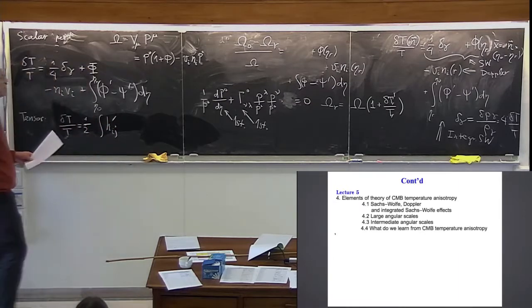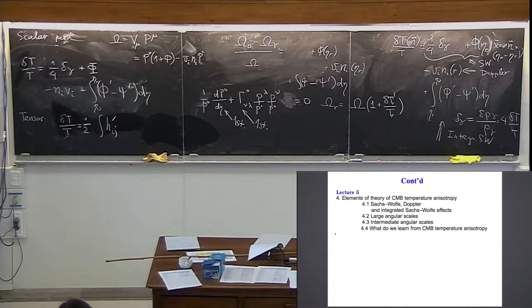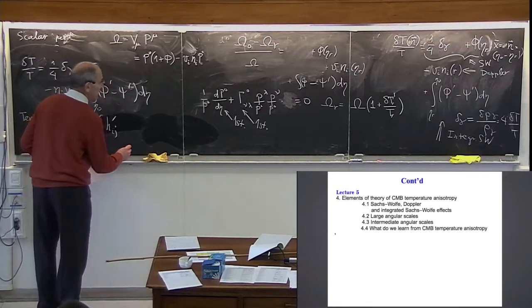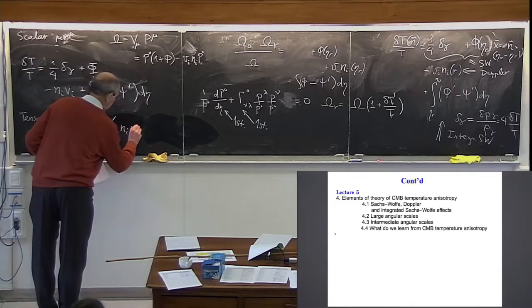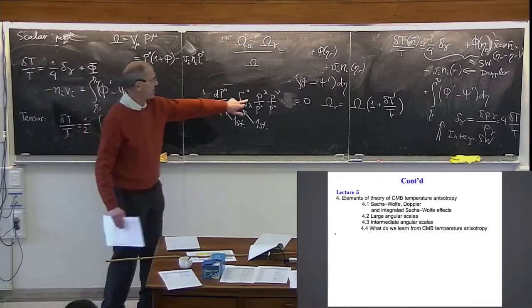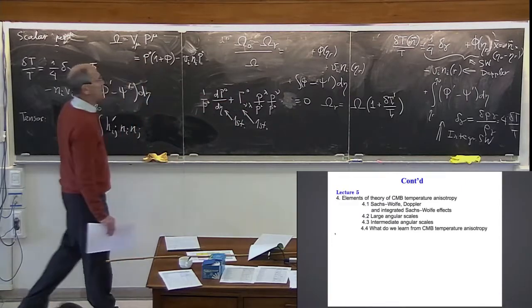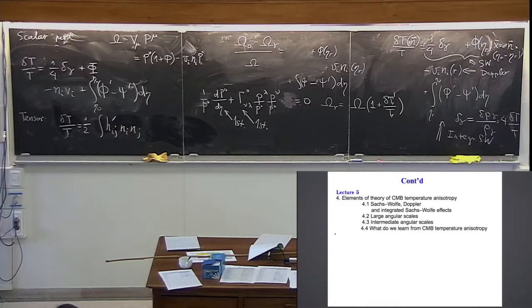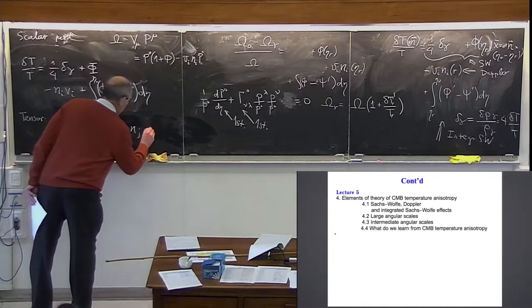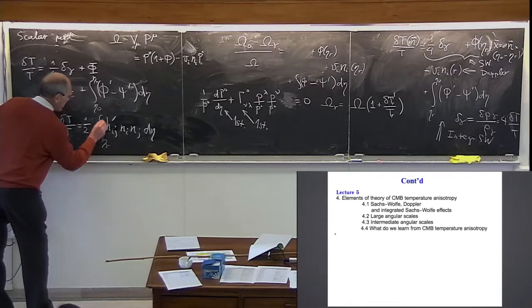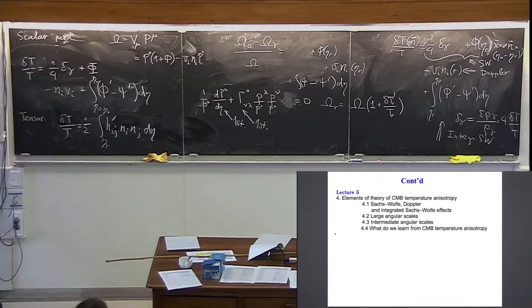Remember that was the gamma, the minus gamma 0 ij, that's the only term here, and n_i n_j, which come from here. Okay, I insert gamma here, integrate along the photon world line from eta recombination to eta 0, and that's the outcome.